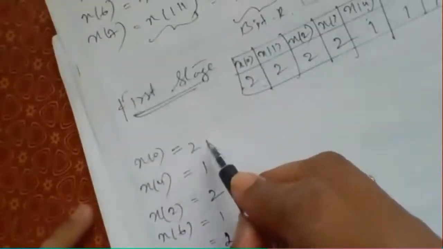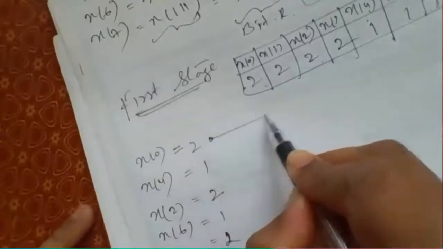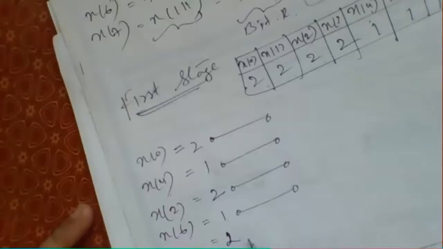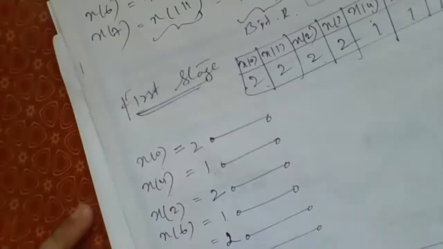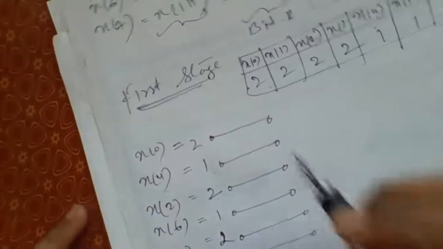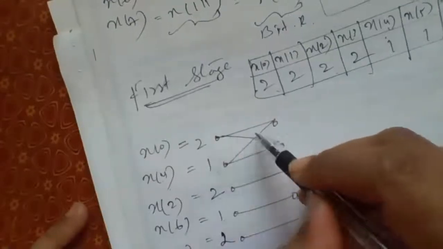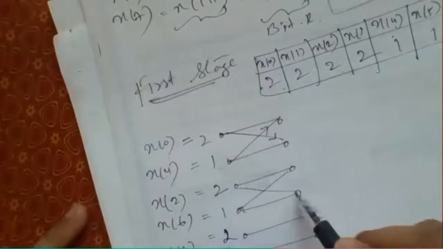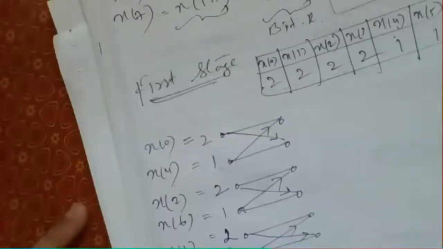Now in the first stage we know that the twiddle factor values are all 1. So directly you can write this simple butterfly diagram. Join this. This is the first stage.